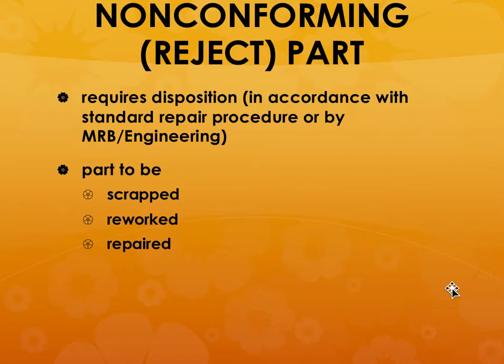So, if a component is not conforming to the requirements, then it is non-conforming and you reject that part. And you need to dispose of it in accordance with standard repair procedure or by MRB engineering. So you can scrap it, you can rework it or repair it.